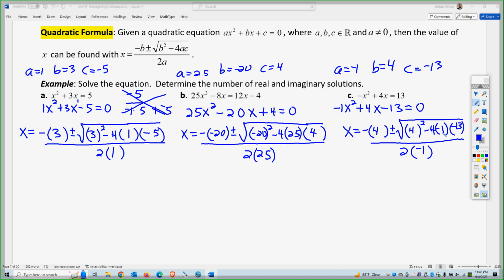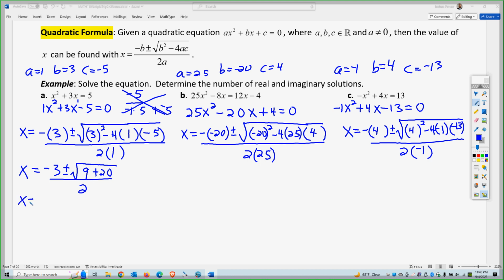Okay, so we can simplify. So order of operations. You have to simplify the radical first because the radical is a grouping symbol. So we have 9 plus 20 over 2.